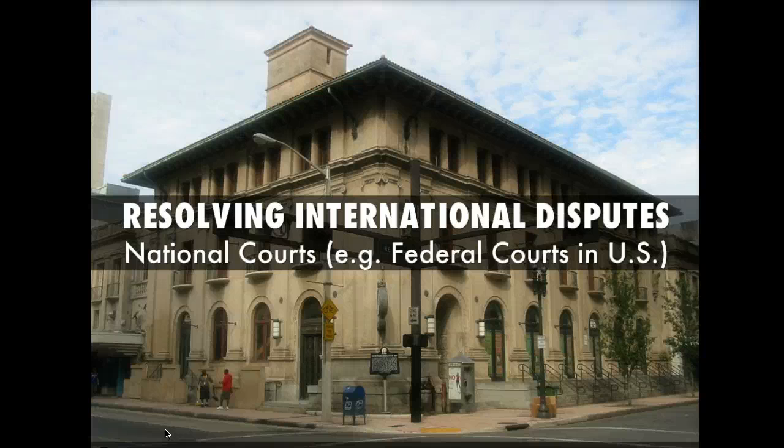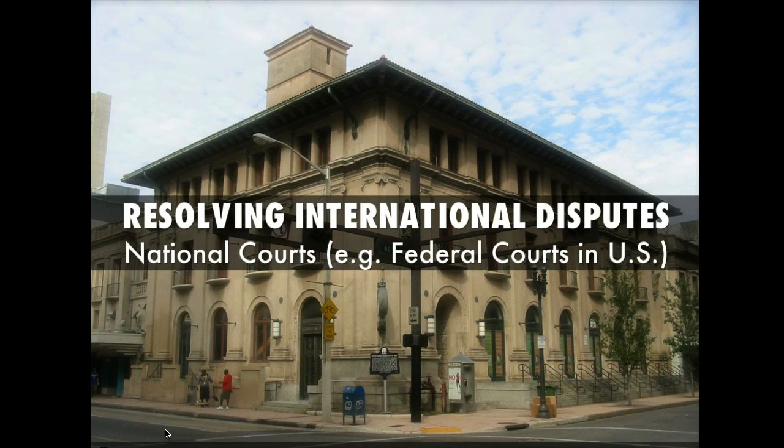So if you're a company in the US and you have a dispute with a company in some other country, then one recourse would be to file the case in the US federal courts. Of course, there has to be sufficient contacts and other issues that are beyond the scope of this brief introduction, but the national courts would be a way of resolving the disputes.